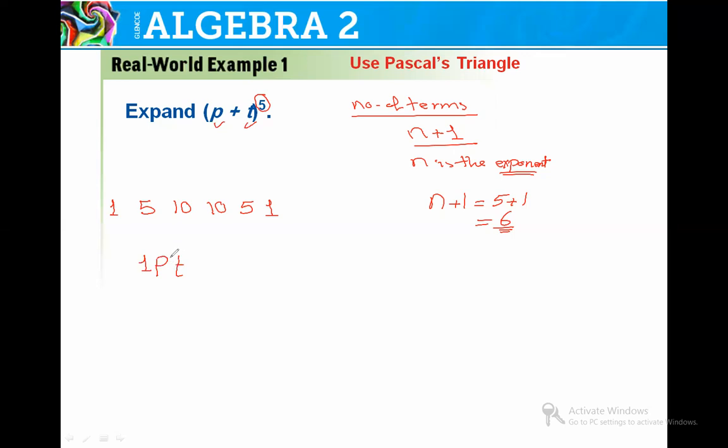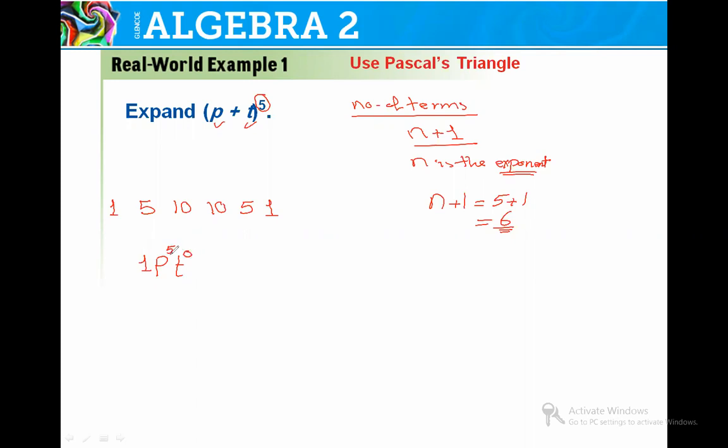But I'll start with the first variable. The first variable will be to the power 5, and t will be to the power 0.